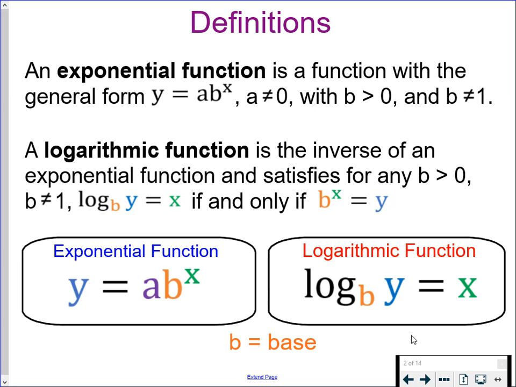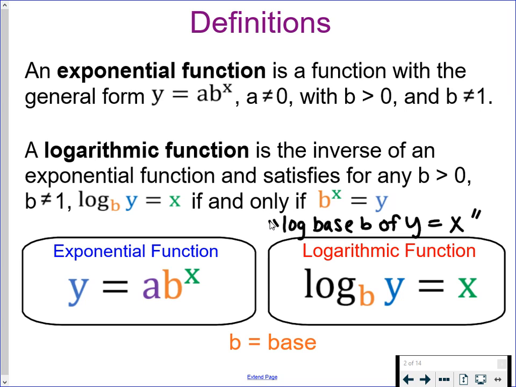Y equals A times B to the X. And then we also have, and I'm going to put this up here and how we say it, because a lot of people have a tendency of messing this part up on how to say this. But it's log base B of Y equals X.